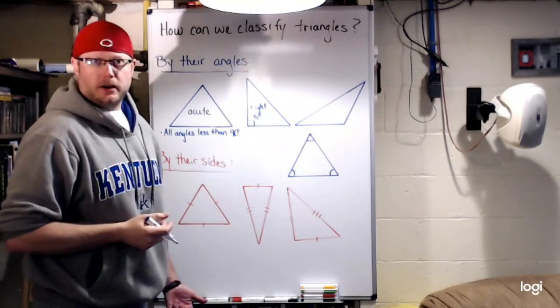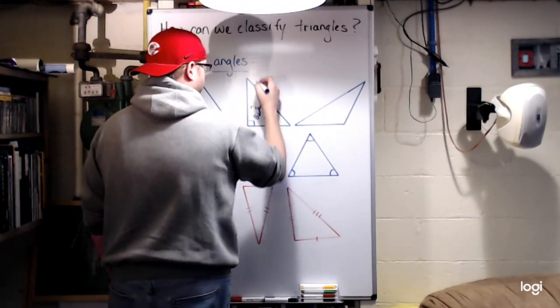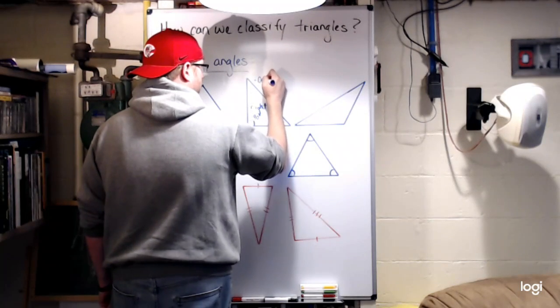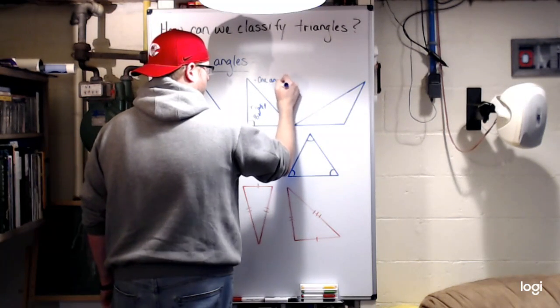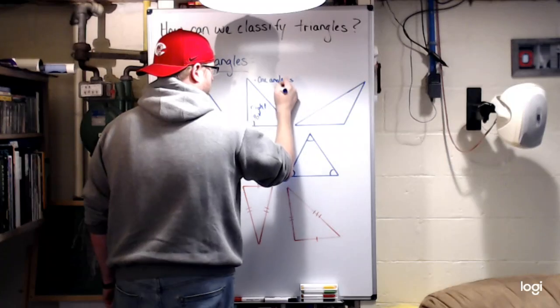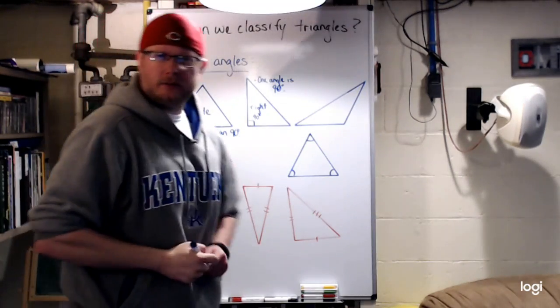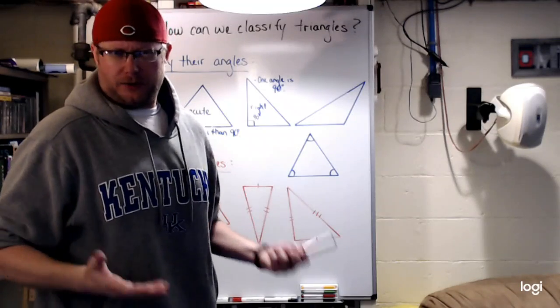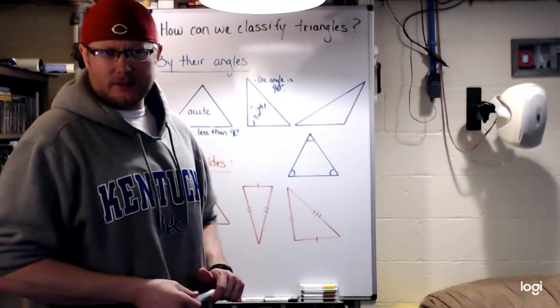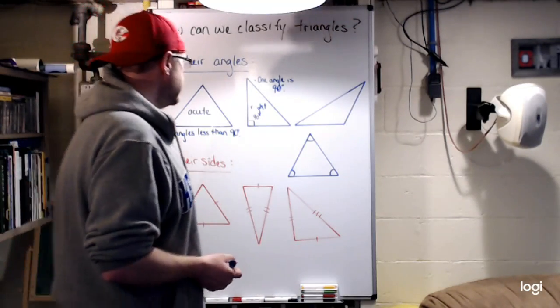This is a right triangle, and the definition of a right triangle is one angle is 90 degrees, right? So far, nothing incredibly shocking. Like I said, this is a lot of review for this section.